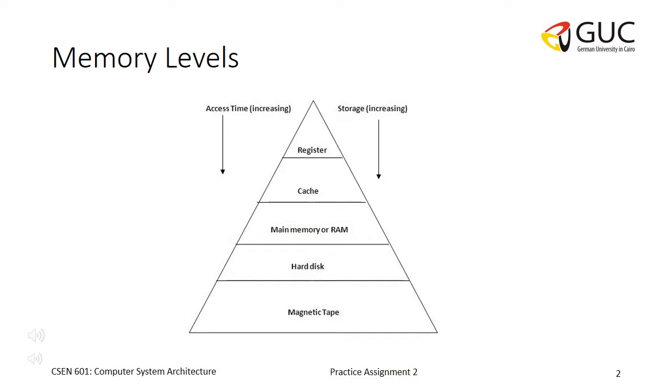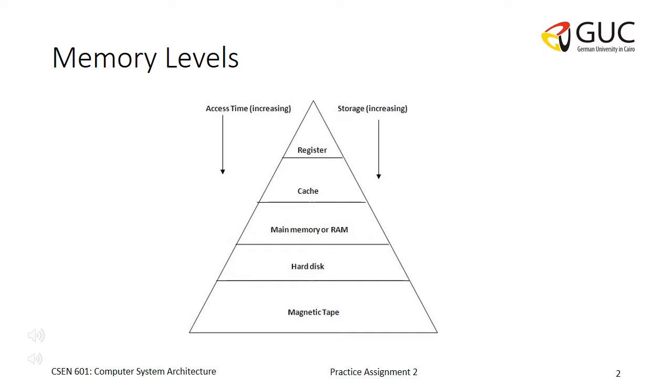So, as we see here in the figure, as we go down the pyramid in the levels, the size increases. However, as we go up, the size decreases. This is for the size. But for the speed, as we go up, the speed increases. So the registers are the fastest, then the cache, then the main memory, and so on.